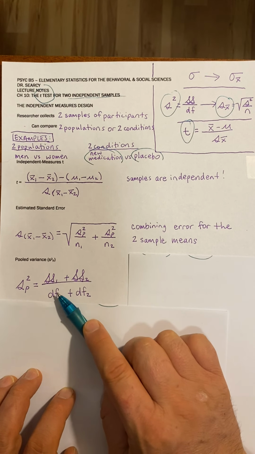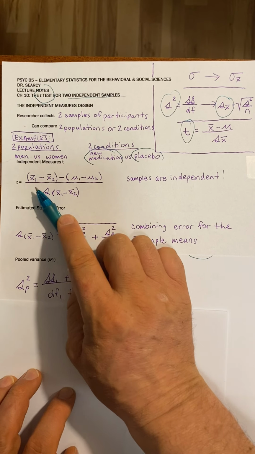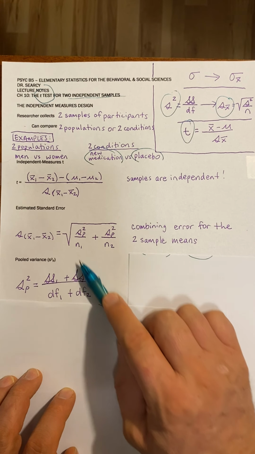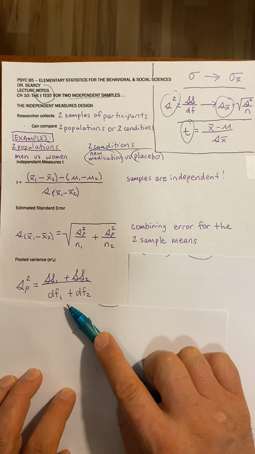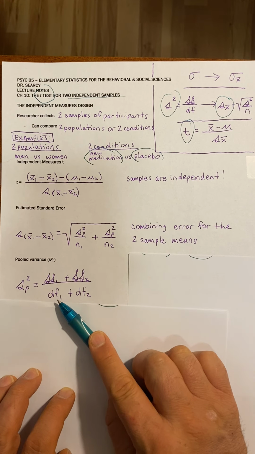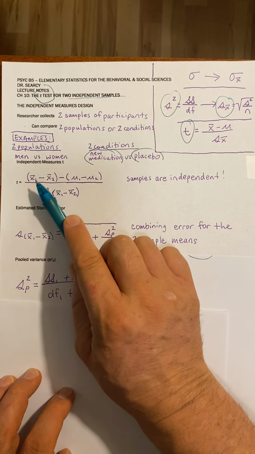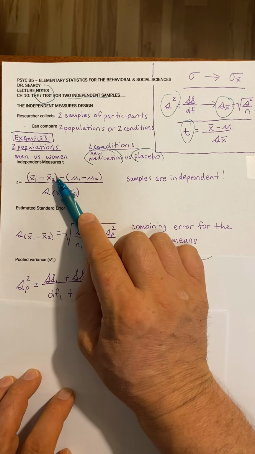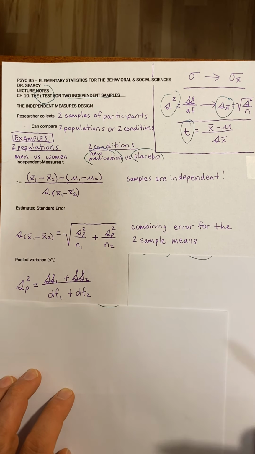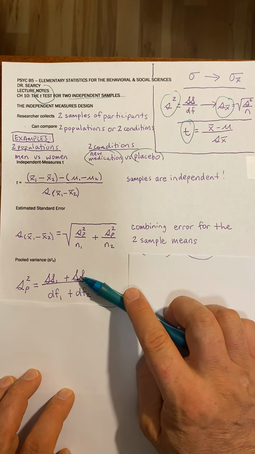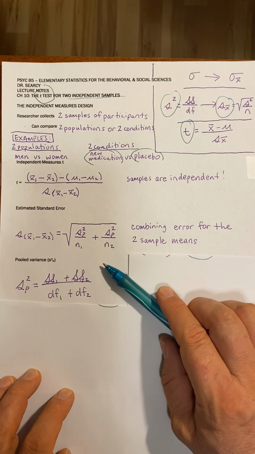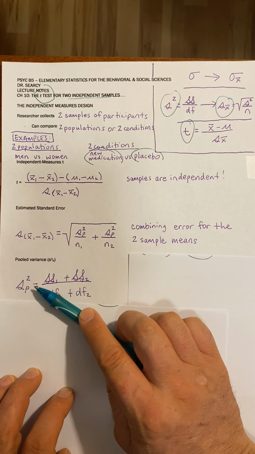We're then finding what were the degrees of freedom for the first sample and what were the degrees of freedom for the second sample. Remember, each one of these degrees of freedom is n minus 1, right? So it's n minus 1 for this and then n minus 1 for that. And that will give you this division problem that will give you the pooled variance.